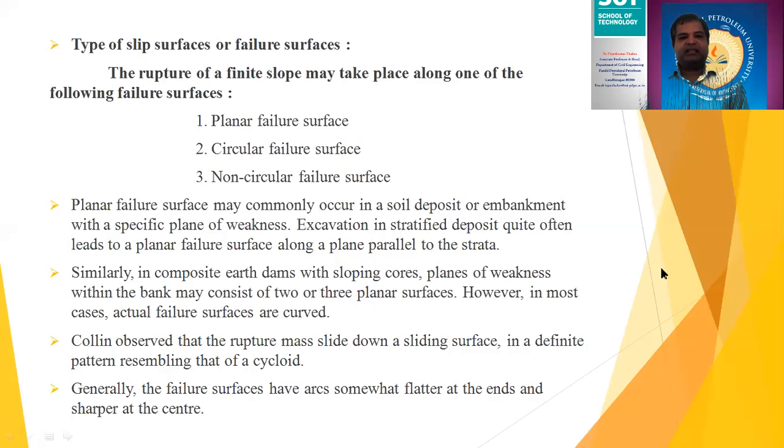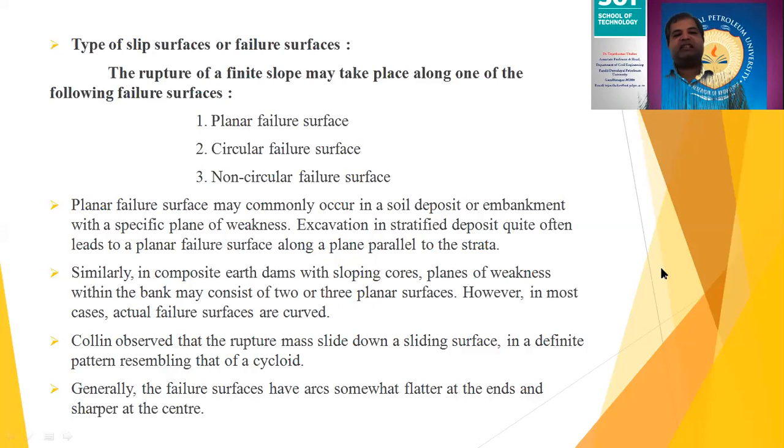If I just give the recap, the planar failure will occur if the soil is having stratified deposits. In such situation, you will find various planes. The failure of the slope will happen in the planes.